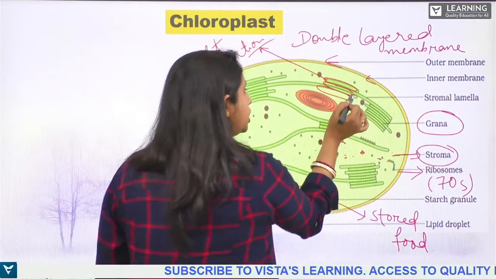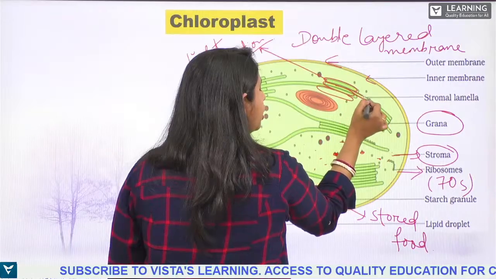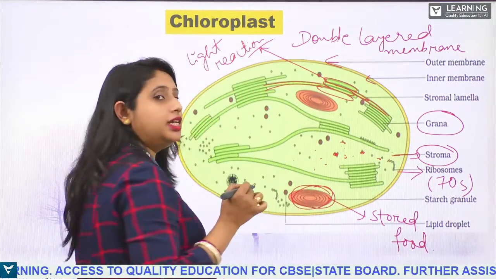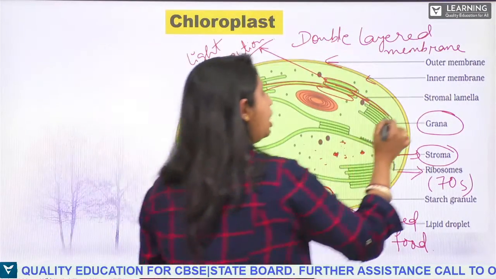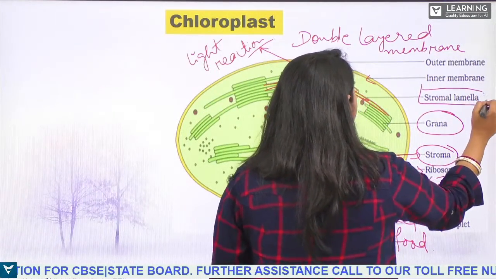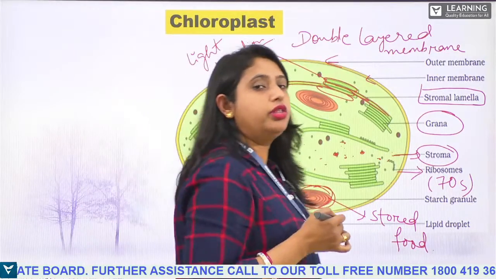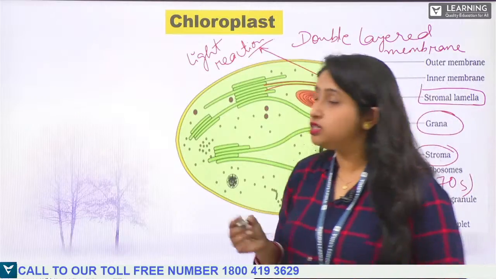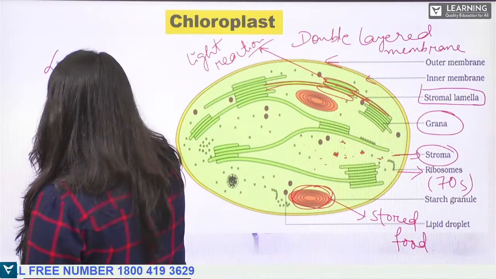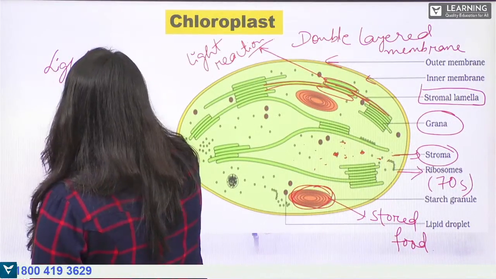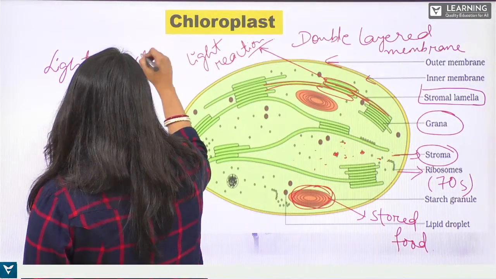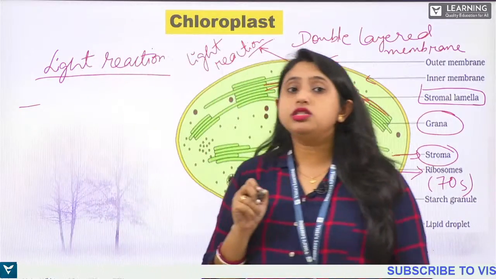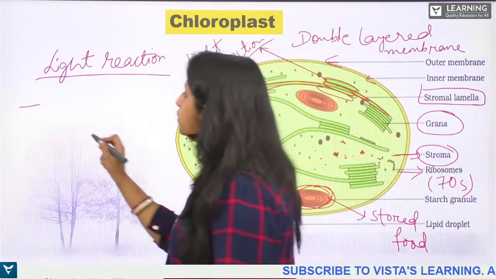One more thing you can see, the thylakoids are joined together with the help of stroma lamella. Now, what happens in the chloroplast? In chloroplast, the light reaction is taking place. In the light reaction, photosystem 1 and photosystem 2 are involved.